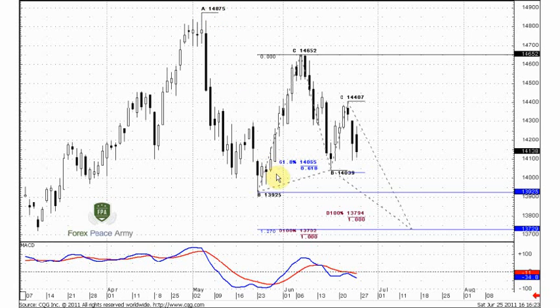You can read more details in the weekly thread, where you can find the explanation of this target 152 and where it comes from. Also, the market could reach as far as 160, but this is a very long-term perspective, and if you are interested in it, just visit our forum and read the weekly thread.